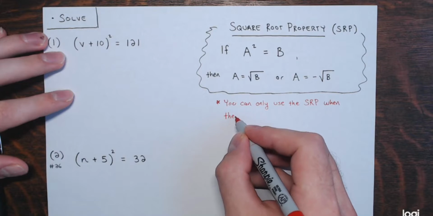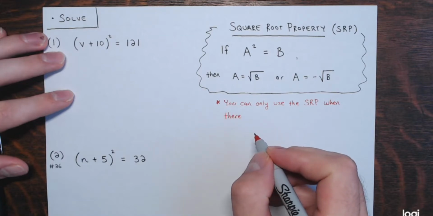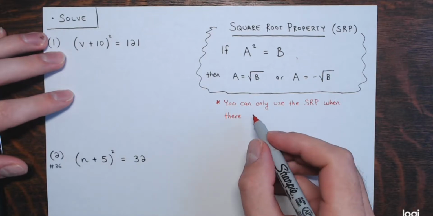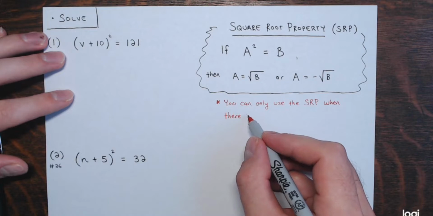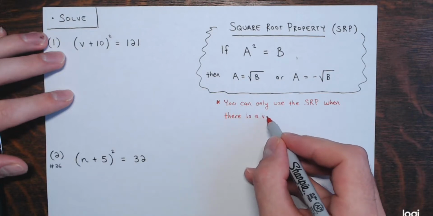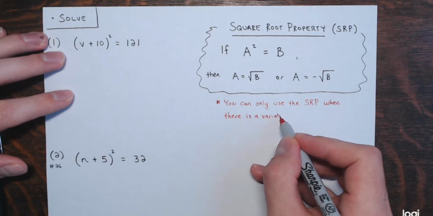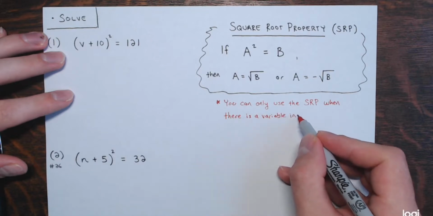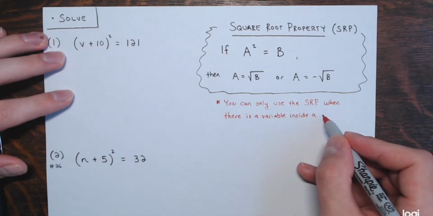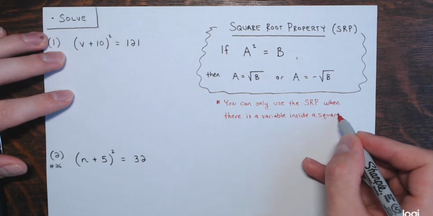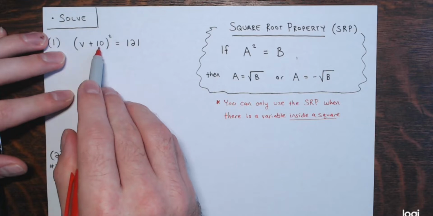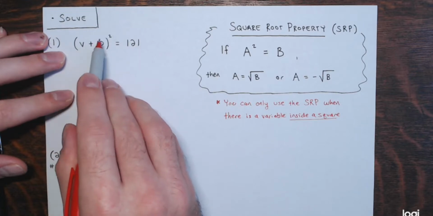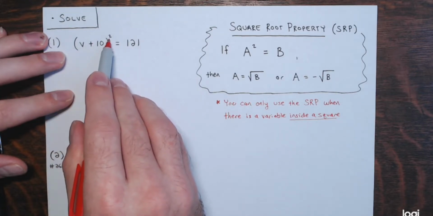And I pointed this out in the last video on the square root property at the very end. I just didn't write that note down for you. Now I am. So you can only use the square root property when there is a variable inside a square, like we have here. See, v plus 10, that expression is inside a square. It's being raised to the second power.